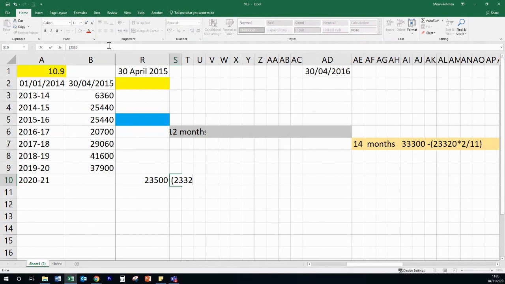So 23,320 minus 4,240. So that's 19,080. So what do we have here? We have 23,500 minus 19,080, and we have our final profits of 4,420.